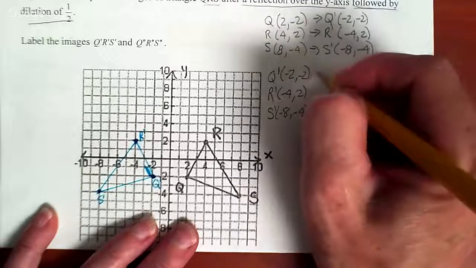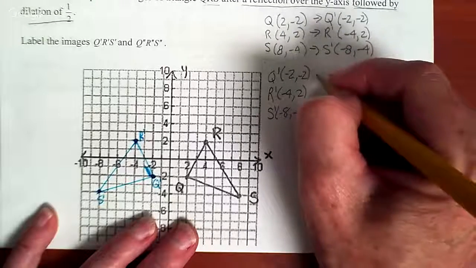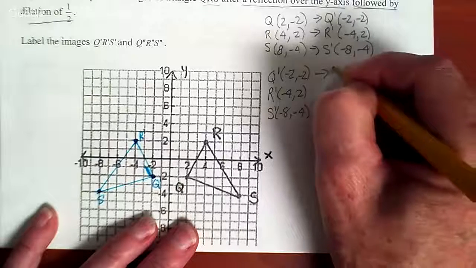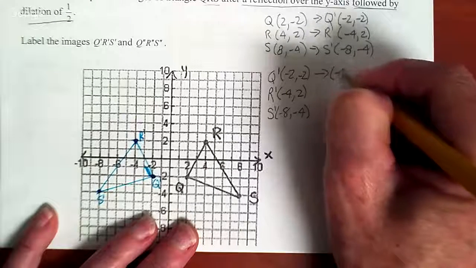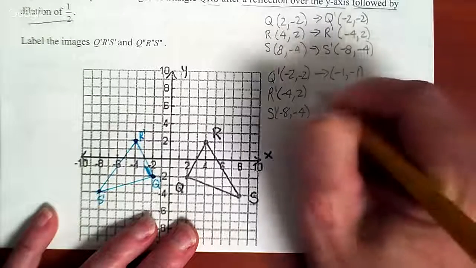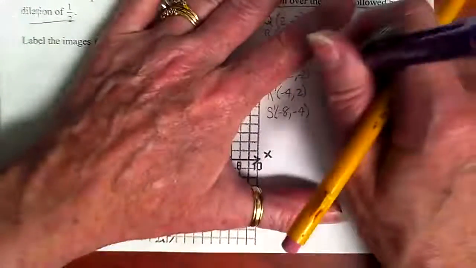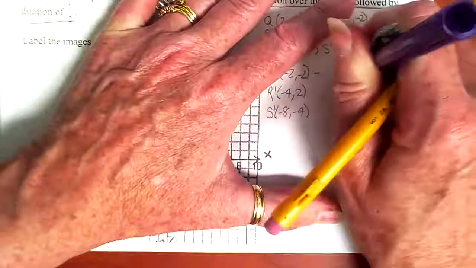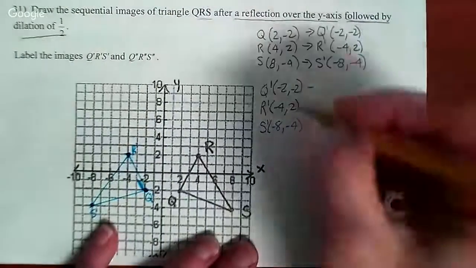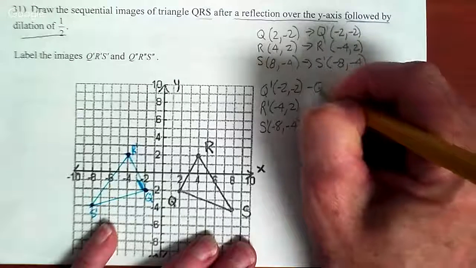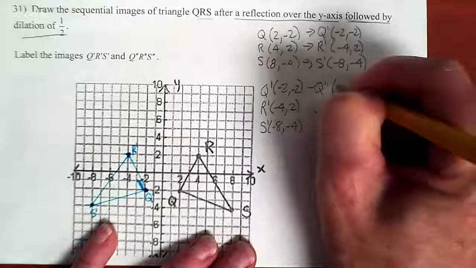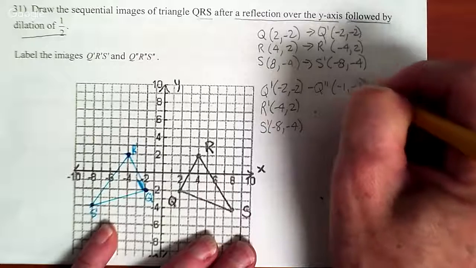So multiplying each of these by 1/2, our new point would be -1, -1. Sorry, I'm going to put that Q in there. So my new point would be Q double prime, -1, -1.